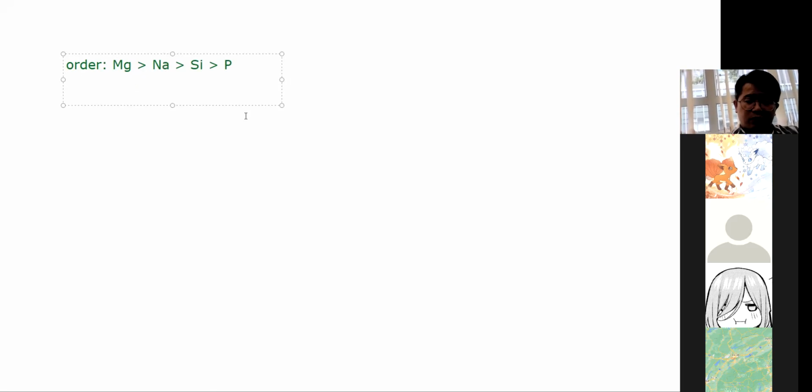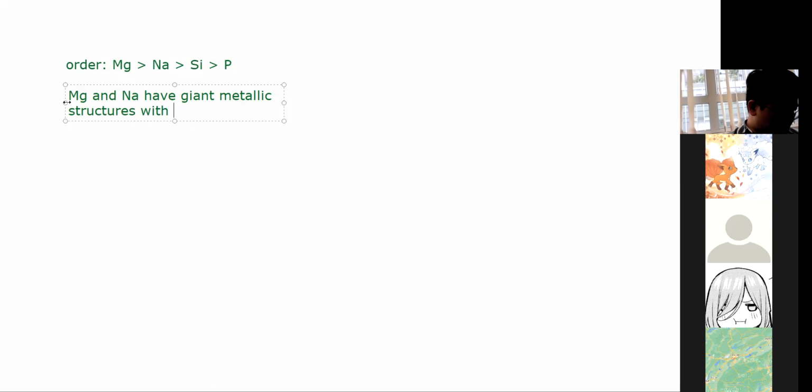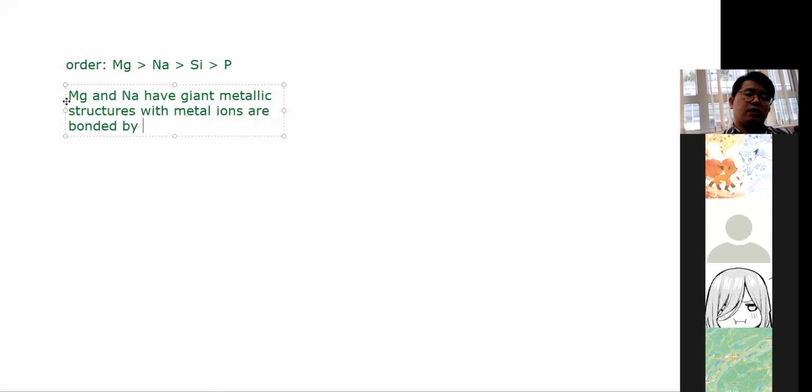Okay. First of all, how will you group them? Altogether, we have got 3 groups. Magnesium and sodium, they are in a group. They both have giant metallic structure, with metal ions bonded by the delocalized electrons by metallic bond.